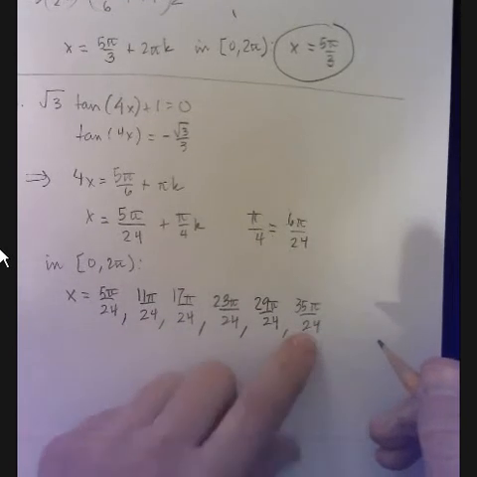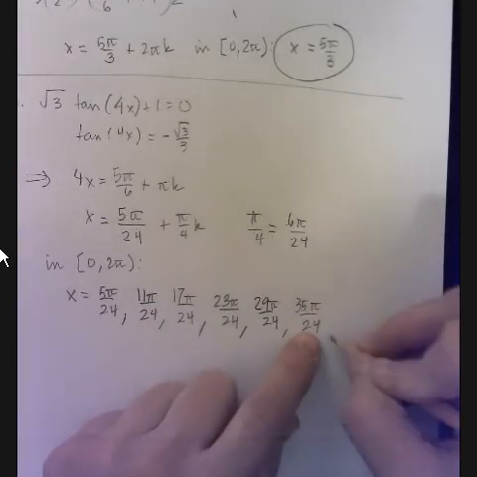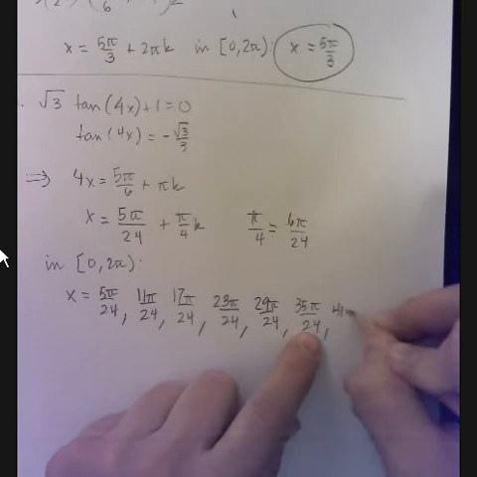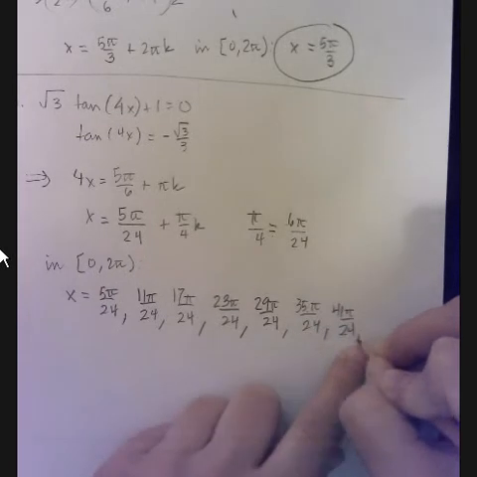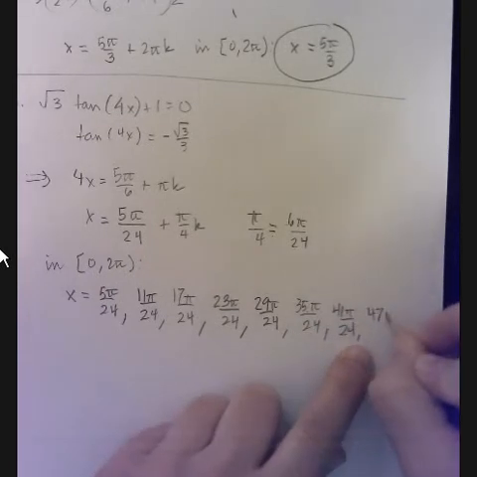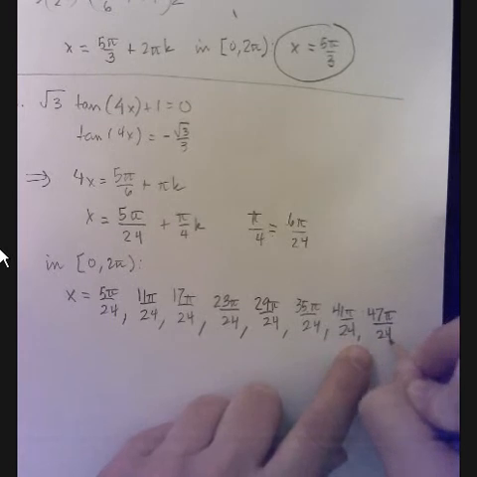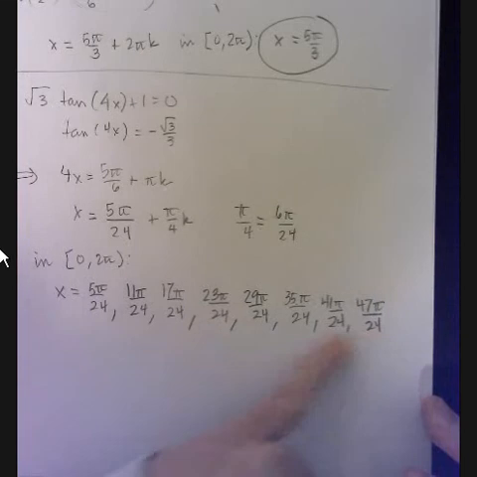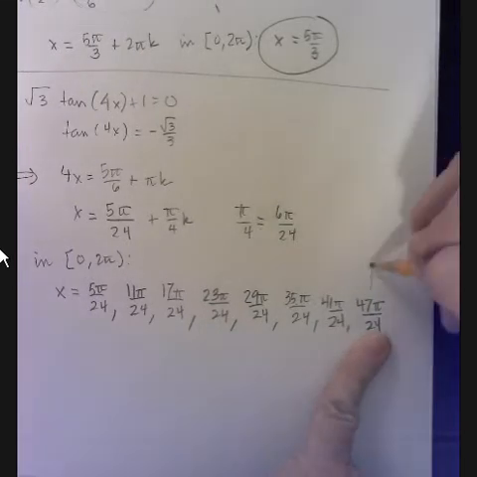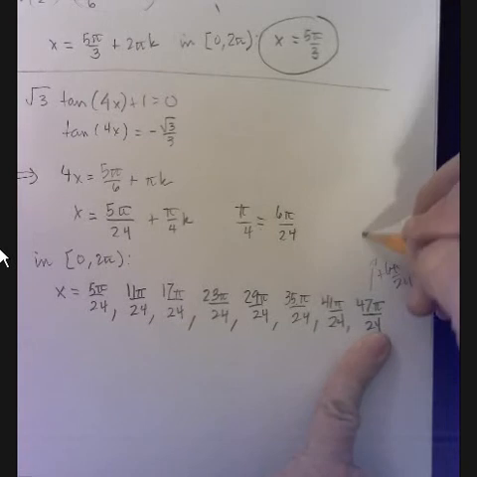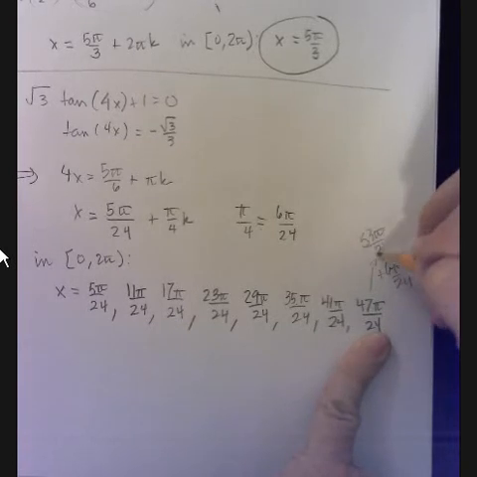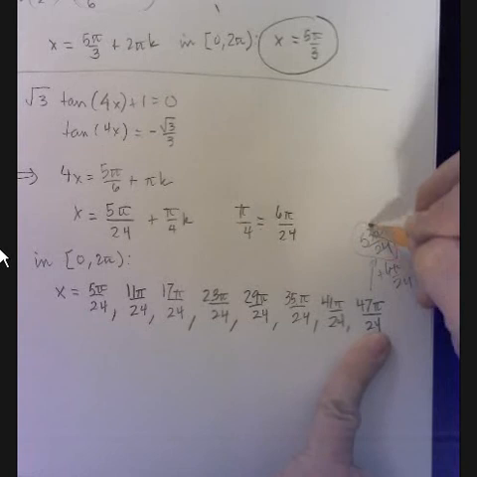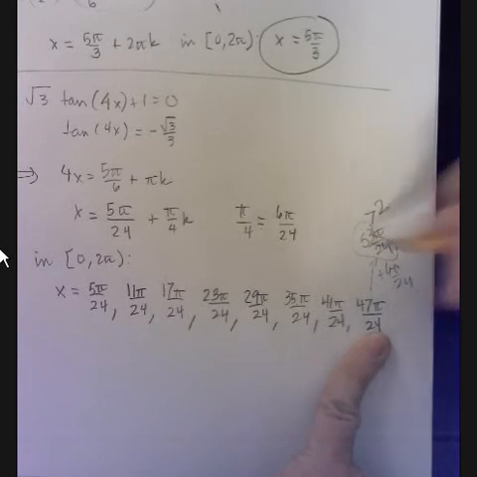Add 6 again. Now we've got 41 pi over 24. Add 6 again. 47 pi over 24. And I did say we would get 8 solutions, right? Notice now if I add 6 pi over 24, 53 pi over 24. 53 24ths is bigger than 2, so this is bigger than 2 pi.